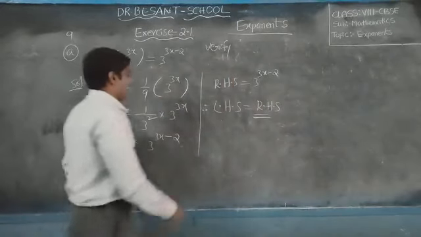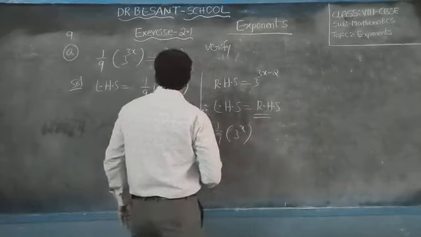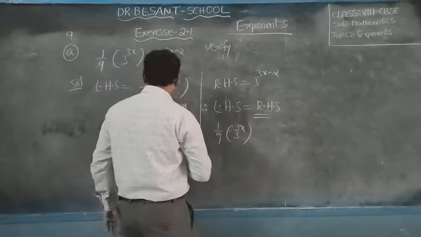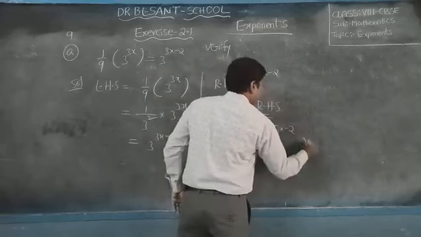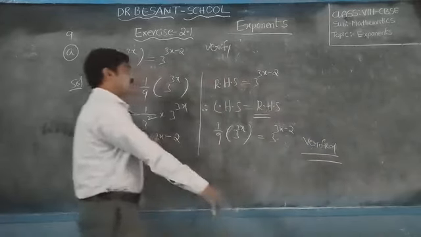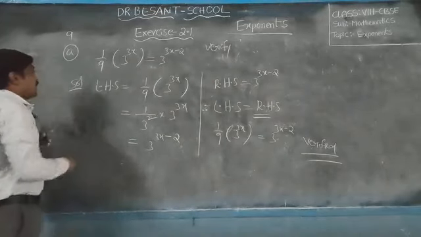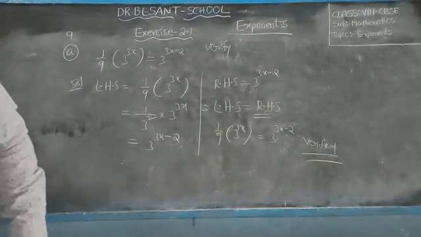Okay, so verified: 1 by 9 into 3 power 3x is equal to 3 power 3x minus 2, verified. Okay, so this is the A solution. Next to question B.